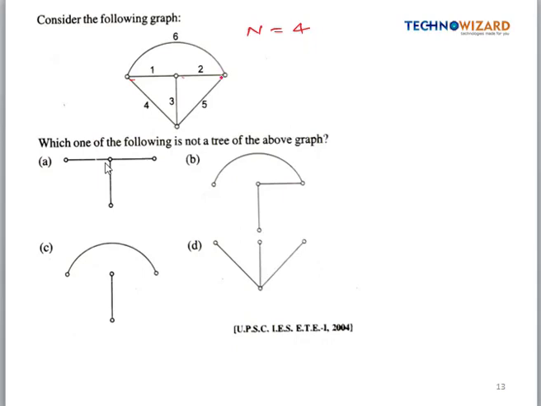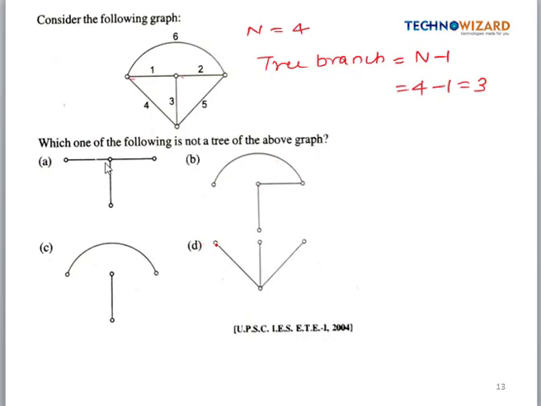Now the tree branch is given by n minus 1, which is equal to 4 minus 1, which is equal to 3. So we have to consider any three branches and they should not form any closed loop. So this is the right option, because it is not forming any closed path. This is also right, so this is first branch, this is second, and this is third branch.